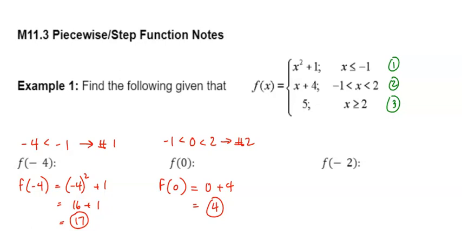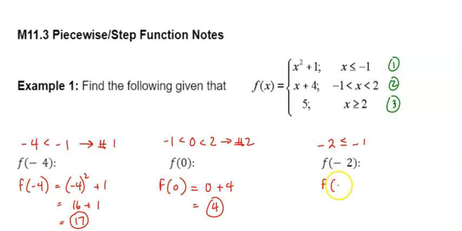Now lastly, we want to find the value of the function at negative 2. Negative 2 is less than or equal to negative 1, so we're going to end up actually using that first function twice. We're going to take x squared plus 1, and this time we're plugging negative 2 into the x.